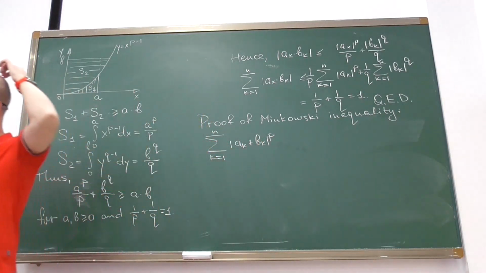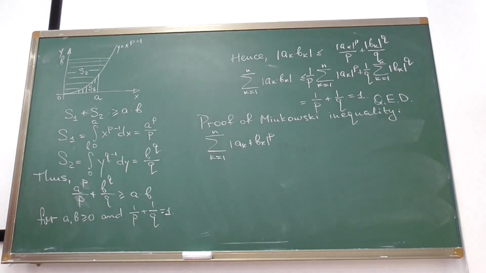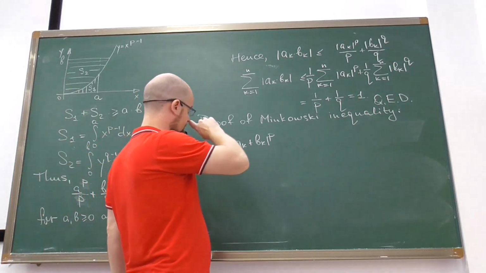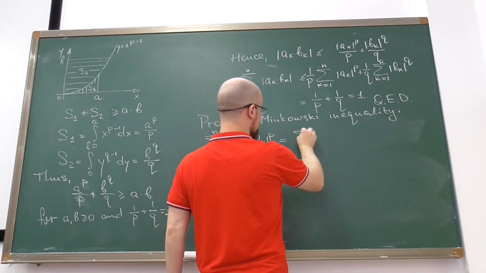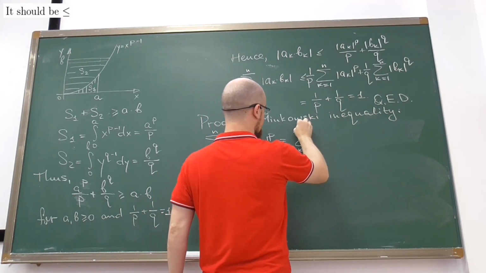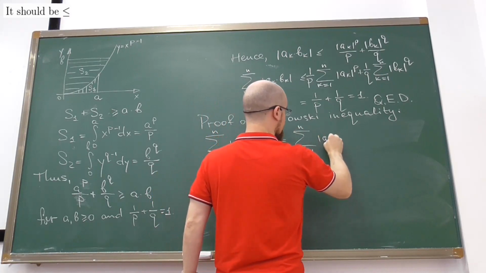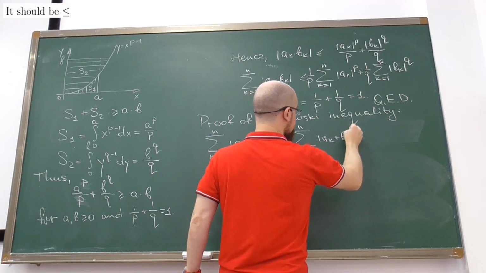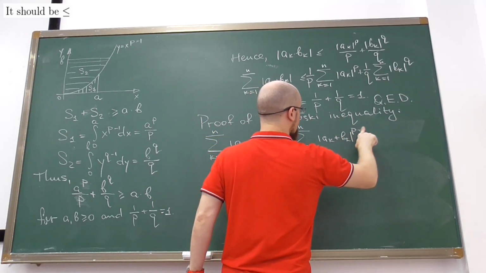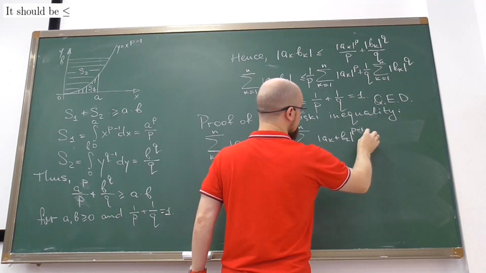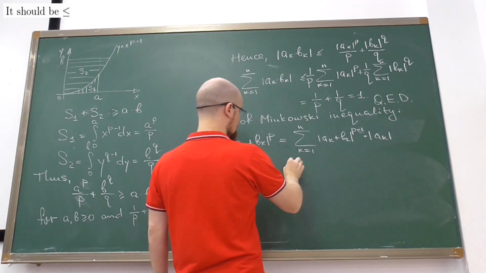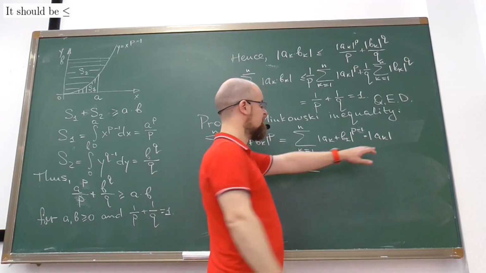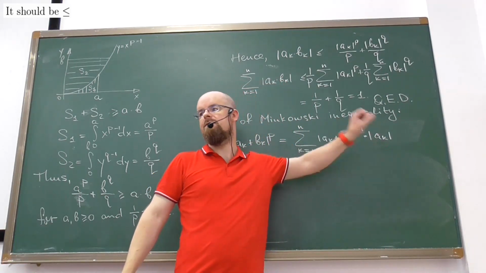I will not raise it to the power 1 over p. We will first prove the inequality and then take the root. So what I want to do is to write this as the sum of the same term but raised to the power p minus 1, times a_k plus the same term but with b_k instead of a_k.